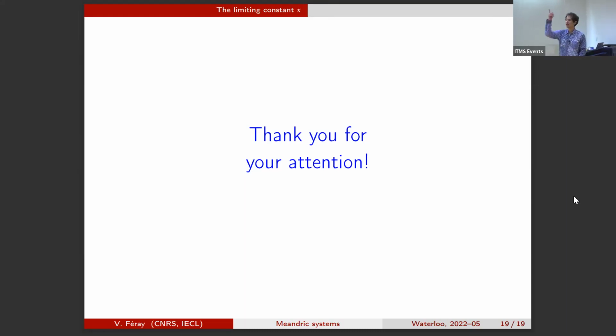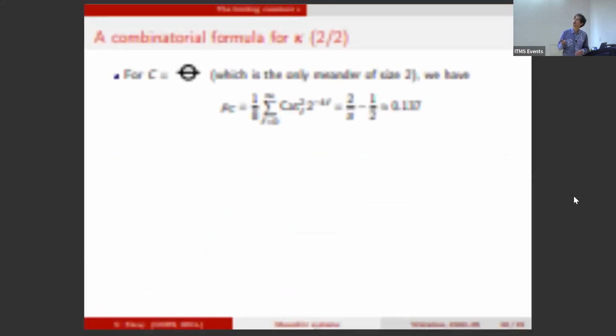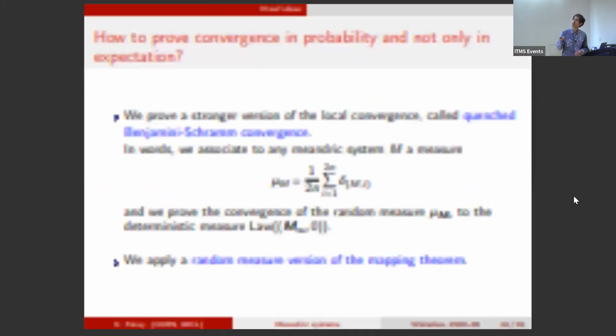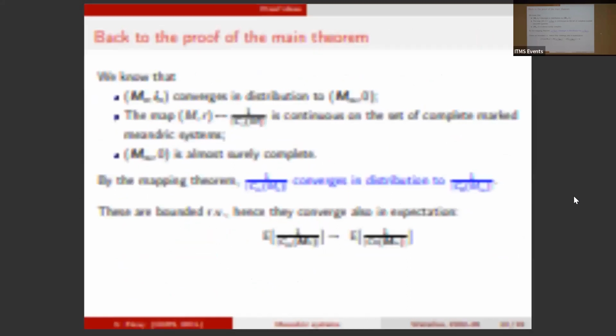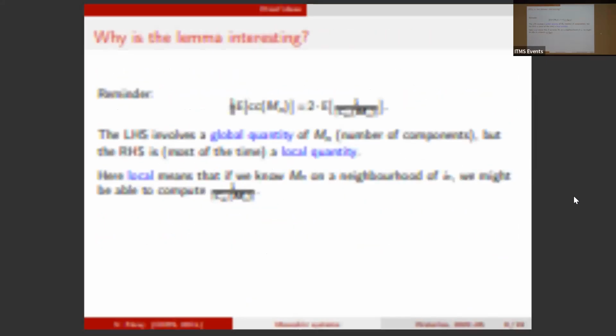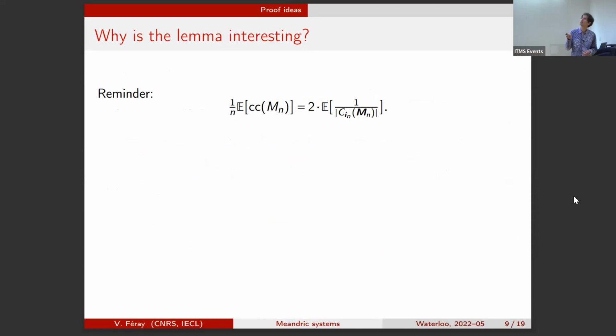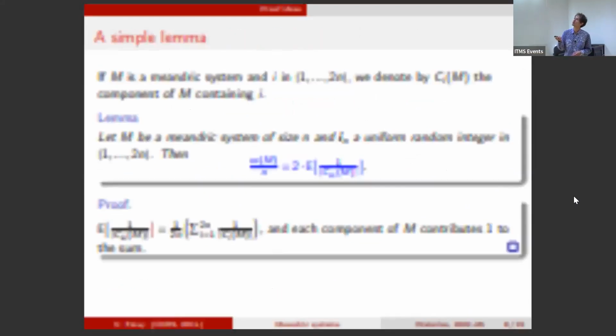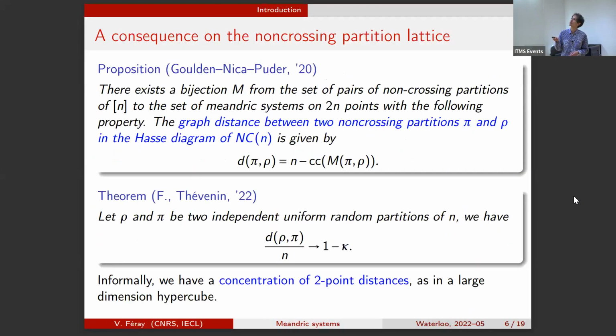In fact, it was on the slide, and I jumped to the other slide and forgot to say it. There is another article on random meandric systems, done independently of the one of Goulden, Nica, and Puder, I think a bit after, by Kargin, and he does not seem to be aware of their work.